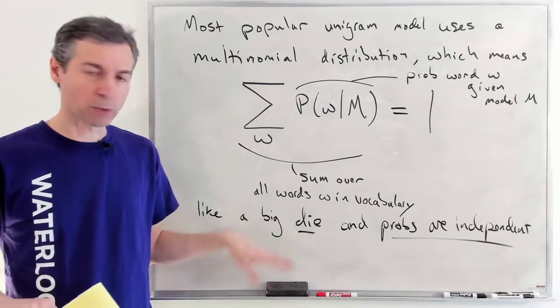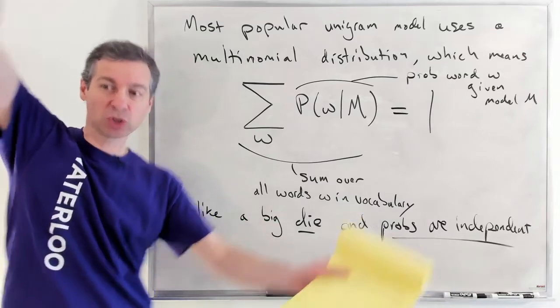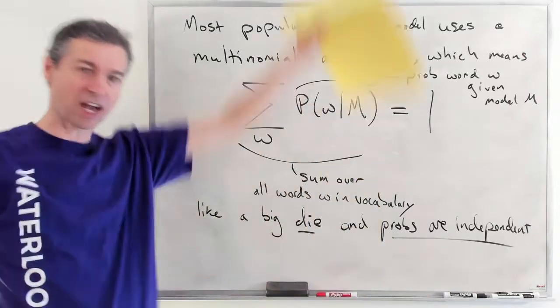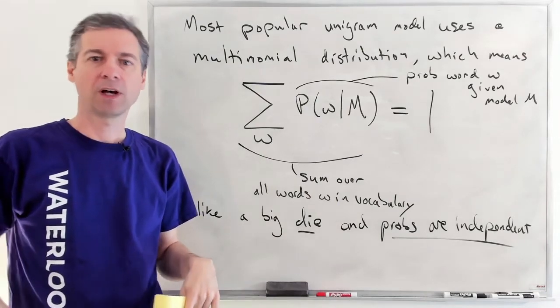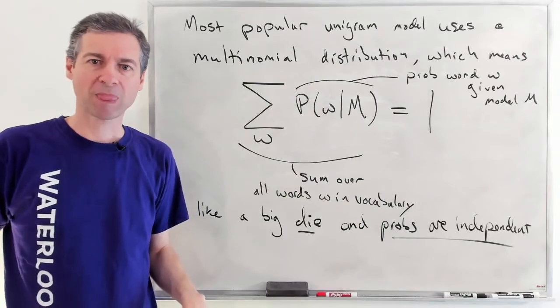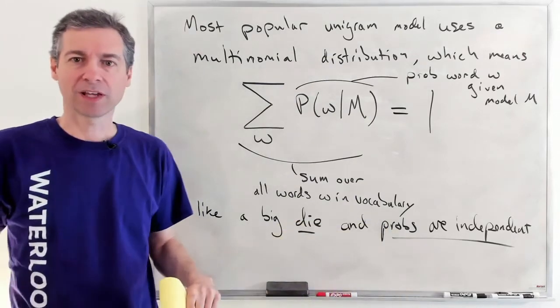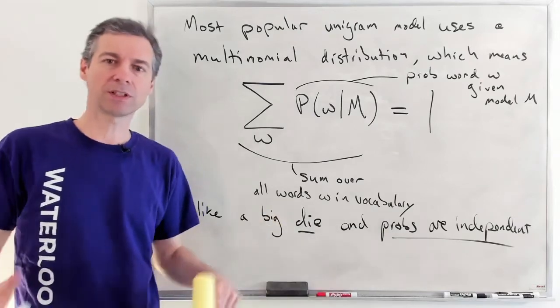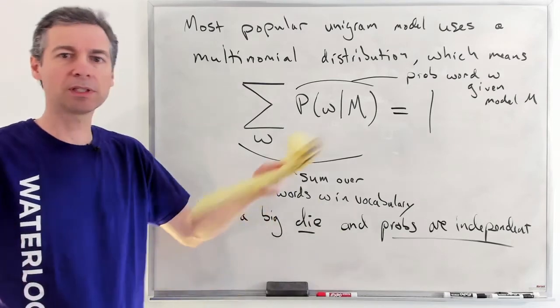Now, but we're talking about, you've got to think of it like this huge die. I can't imagine how big it would be to have 100,000, or 1,000,000 sides on it. And we could roll that die, it rolls, and up came the word the, with probability something.